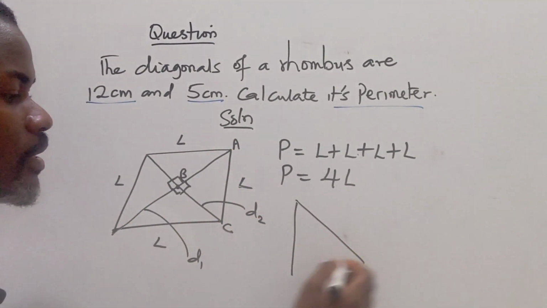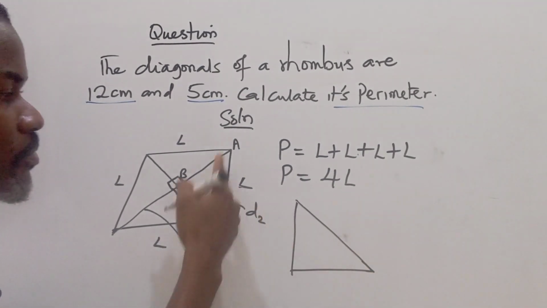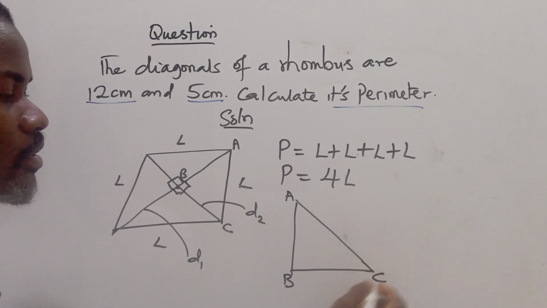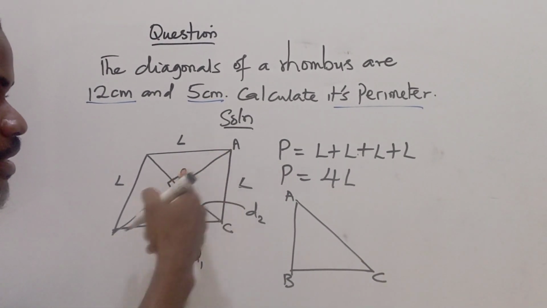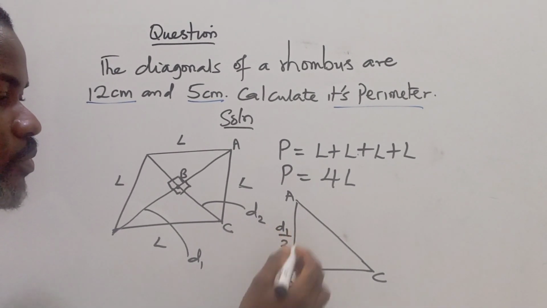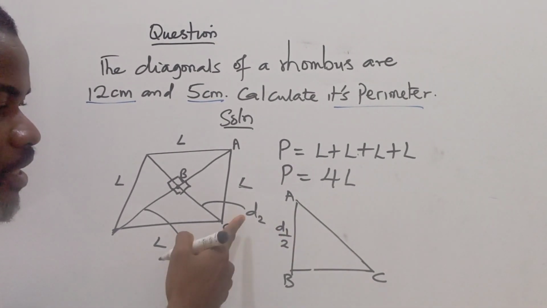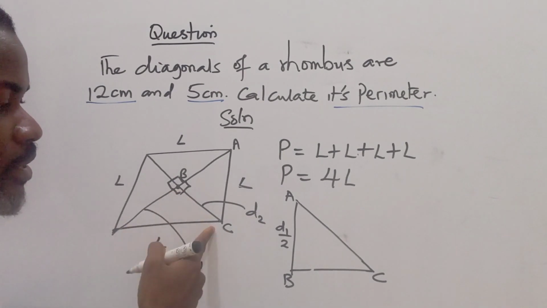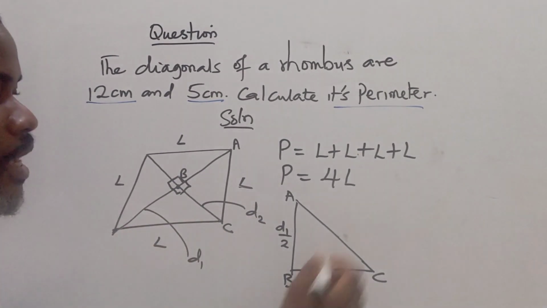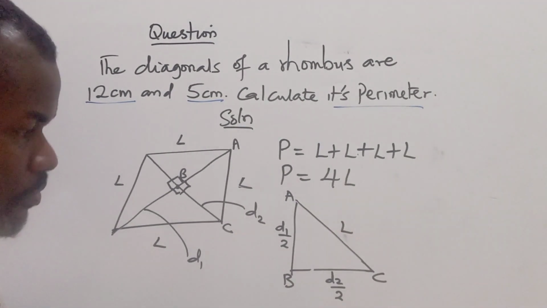Let's say we have a triangle here, which is our A, B, and C. So length AB will be D1 over 2. And length D2, which is BC, will be D2 over 2. And we have our length here.